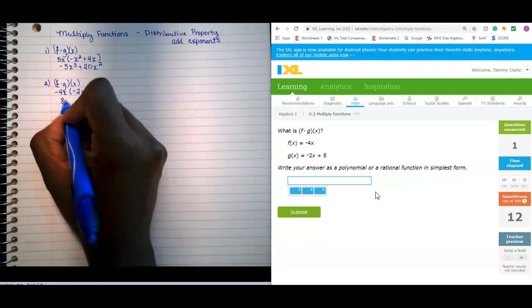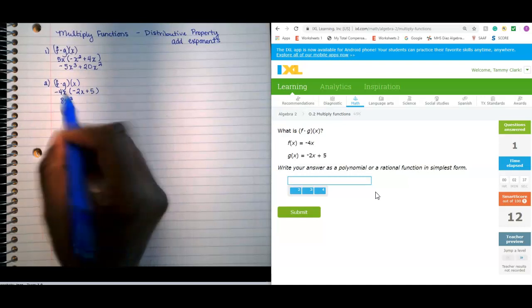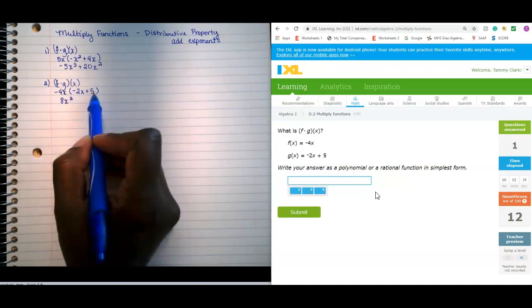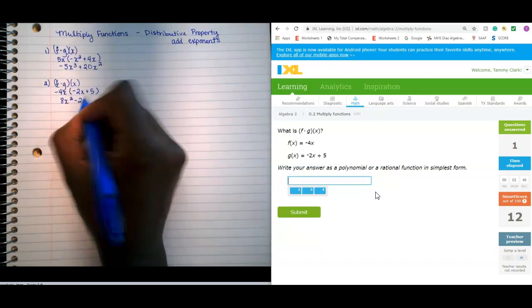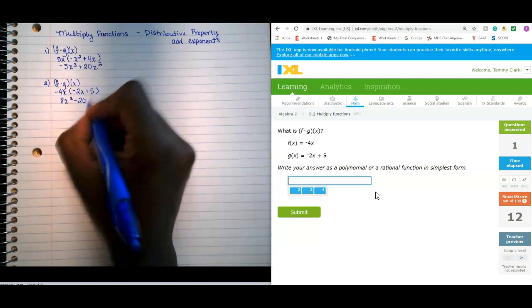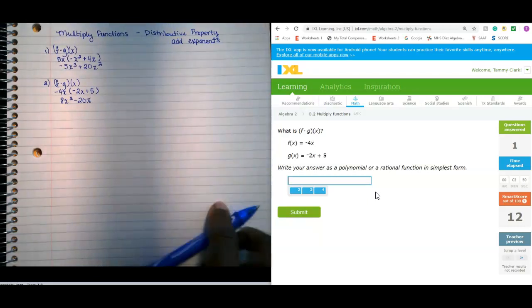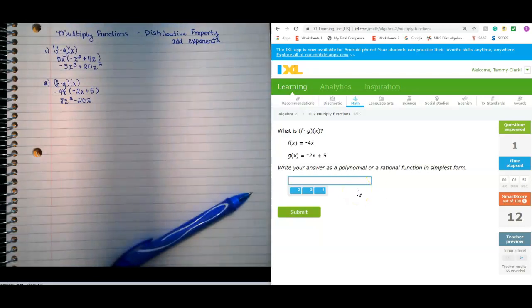X times x is x squared. Then we've got negative 4x times positive 5. So negative 4 times positive 5 is negative 20, but we have no other x, so we're just going to tack that x back on it. So our answer would be 8x squared minus 20x.